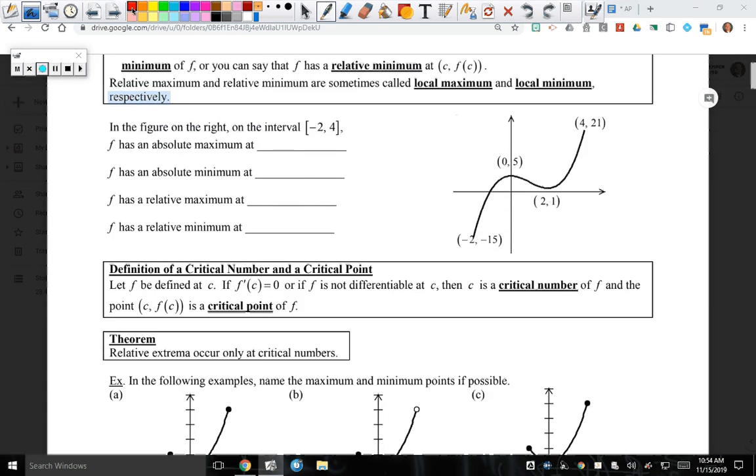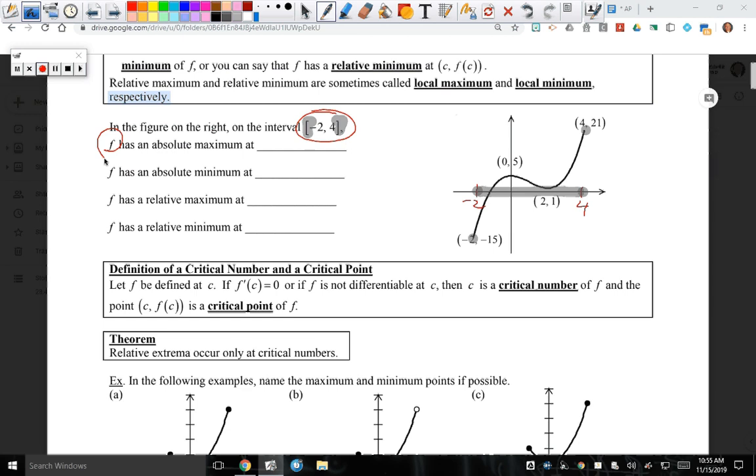So in the figure to the right, this is an interval between -2 and 4. It is a closed interval that includes the endpoints, like a domain. So there's an endpoint there, and an endpoint there.